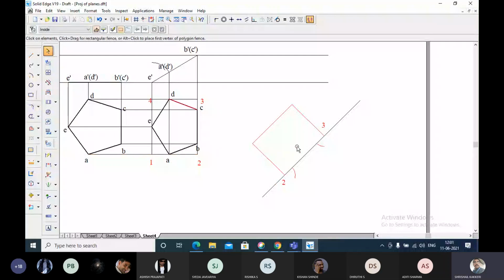These points I got. Point C I got. And I got point B also.